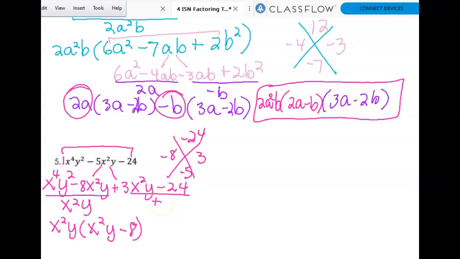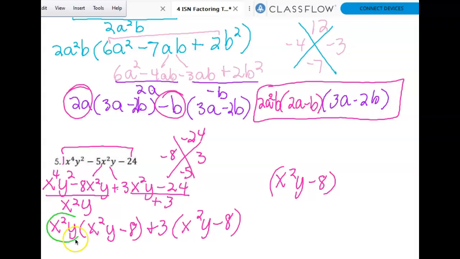The plus goes here, and I have a 3 in common. And that's going to give me x squared y minus 8. Do they match? Yes. So I'm going to get x squared y minus 8. And then get this and this. X squared y plus 3.